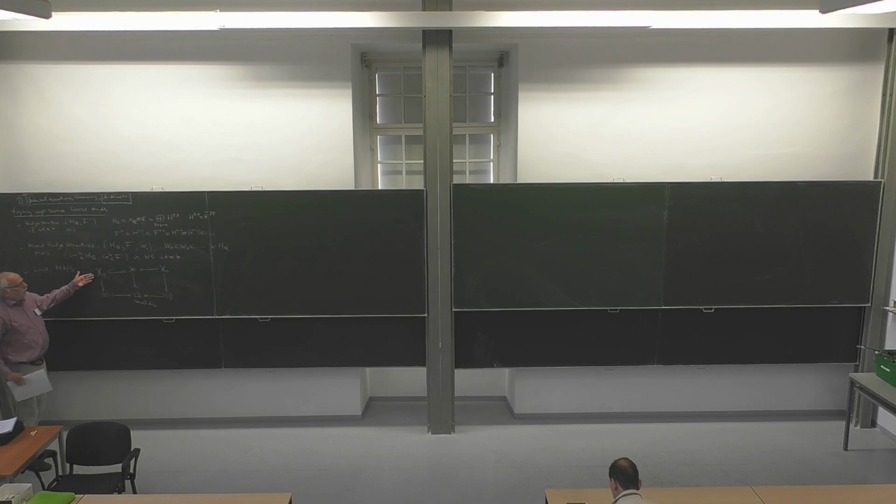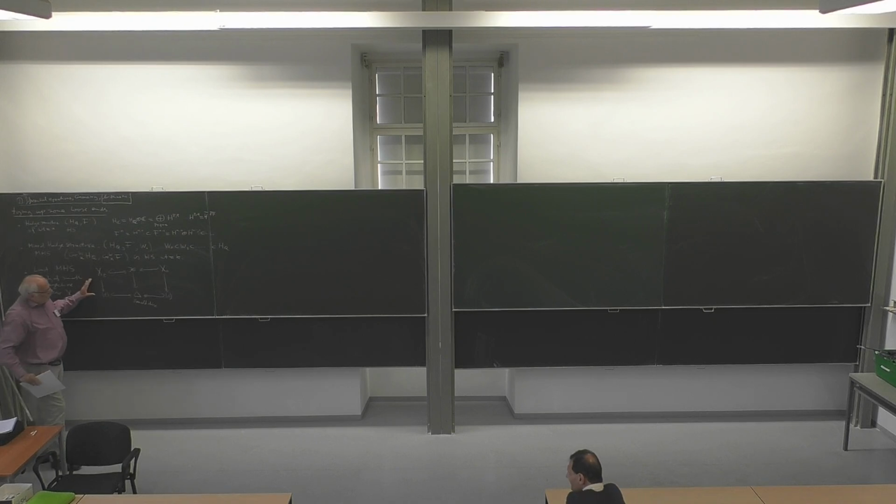So imagine that X_t is a family of smooth projective varieties. Then in the limit, it goes to some singular variety.